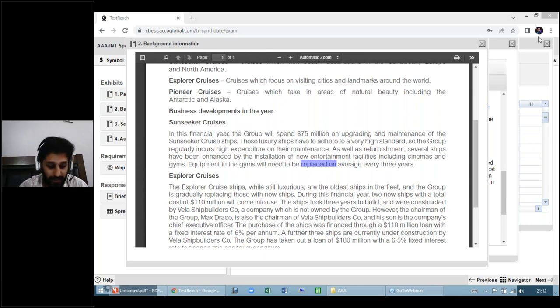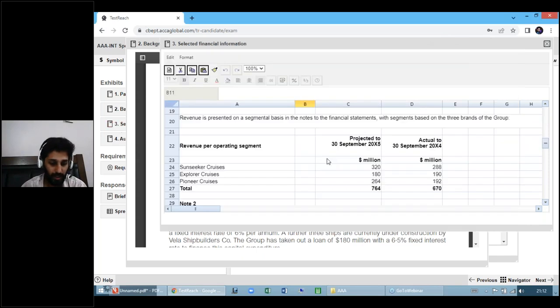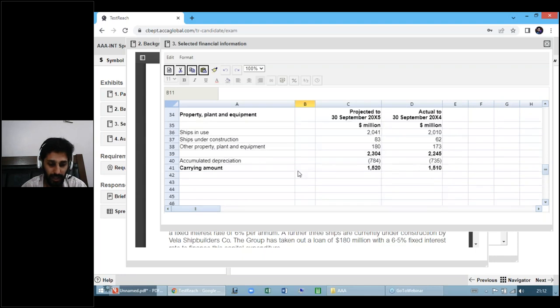It is known as components, right? So I would like to show you one important thing as well. Here you can see that the accumulated depreciation was 735 in the last year and it is 784.